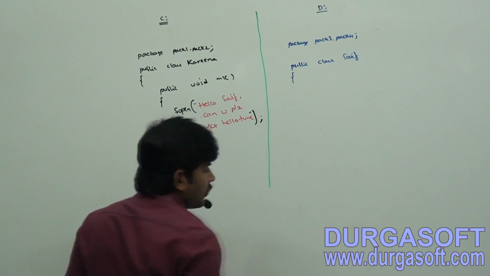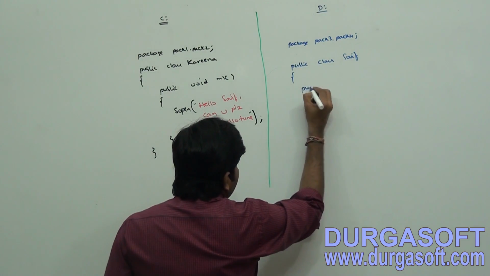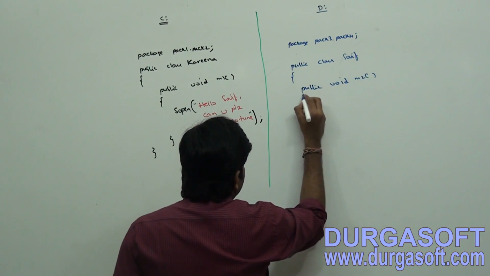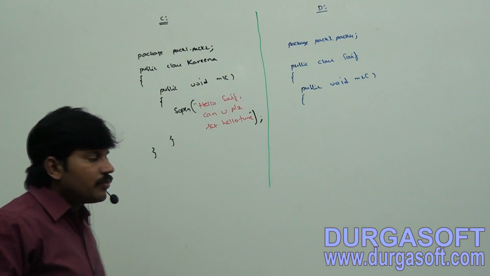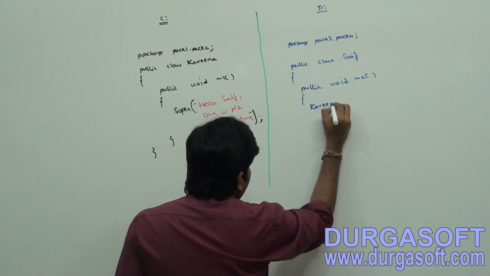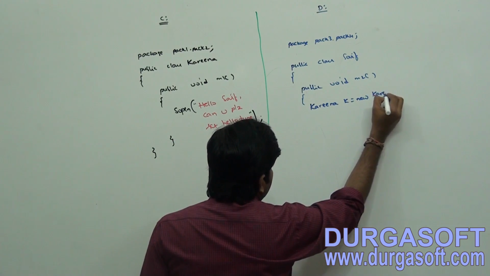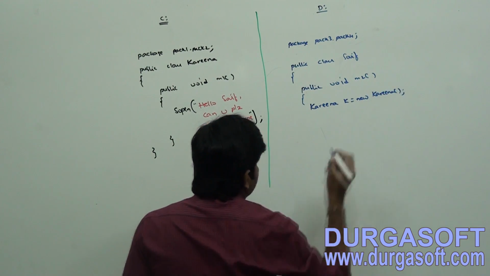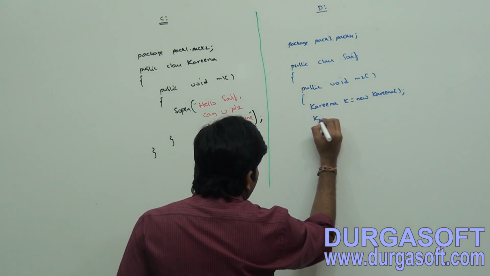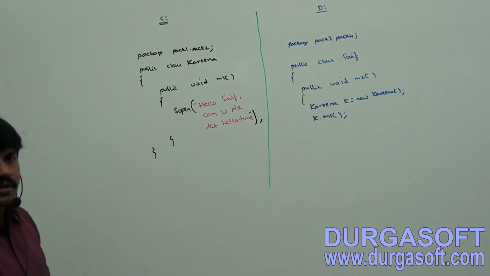The Saif class contains one method, public void m2. Within that m2, Karina k is equal to new Karina, k.m1.